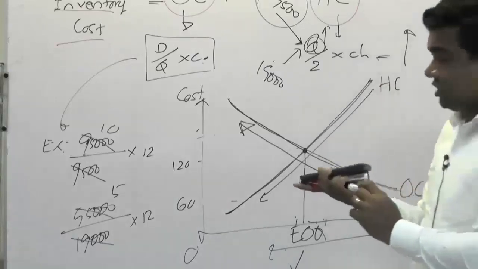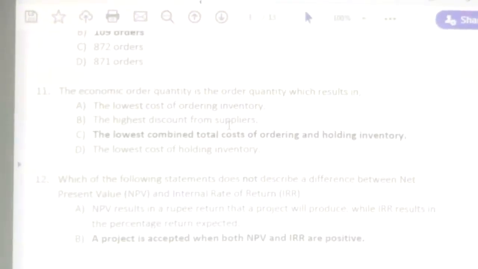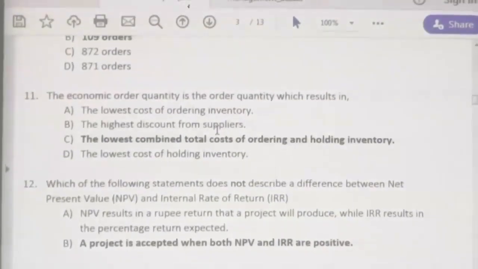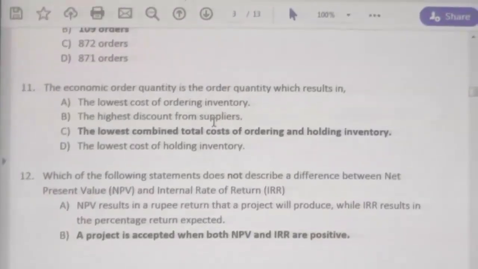Now let's see the question. The economic order quantity is the order quantity which results in the lowest of the ordering inventory. No, you cannot lower the ordering inventory. Why?